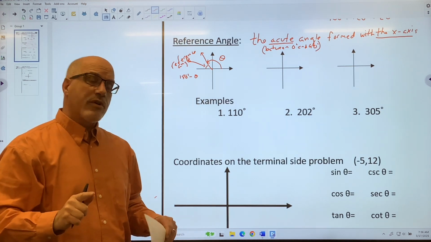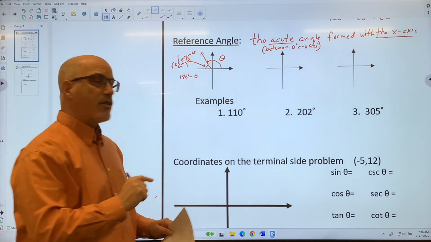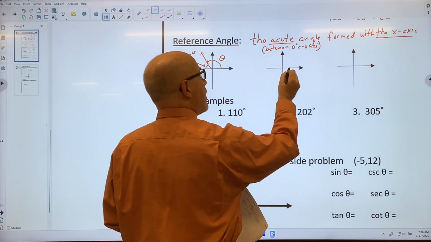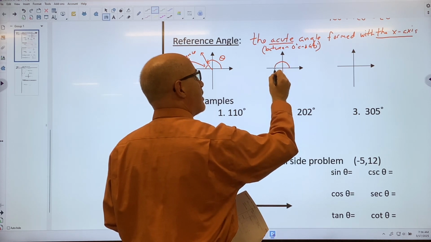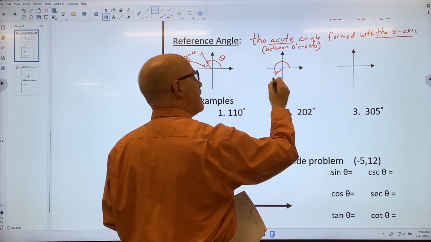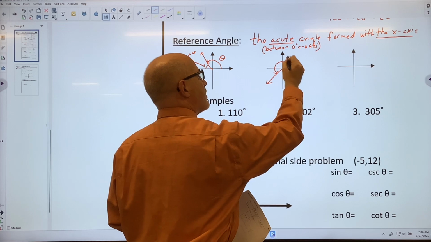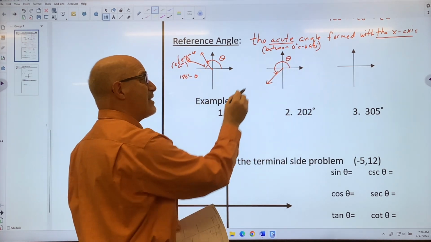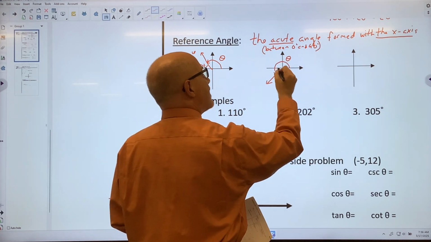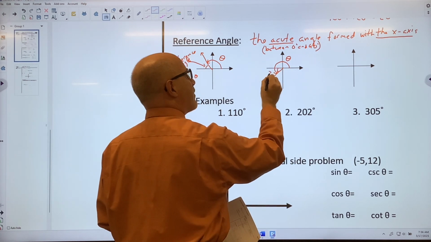Now what if I were to rotate all the way into the third quadrant? I go past 180 degrees over here. If this is my theta, this little angle is my reference angle.